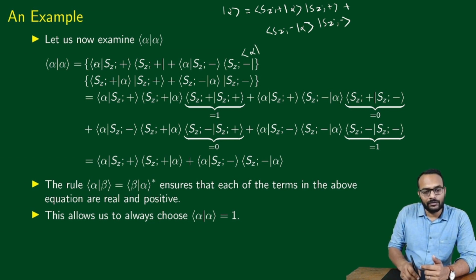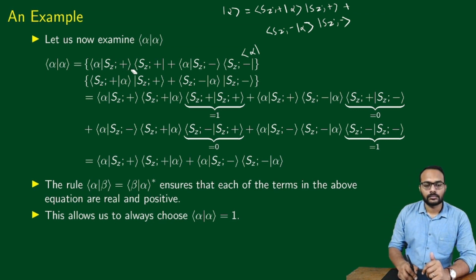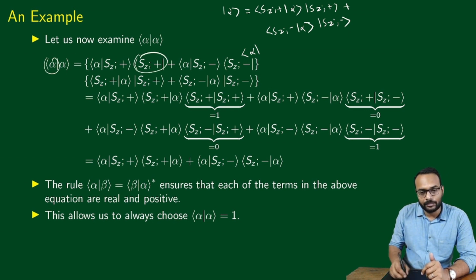So bra alpha was bra alpha sz plus, which was actually C3. This is bracket alpha sz plus. This means the component of bra alpha in the direction sz plus, or the other way about. It doesn't matter in which way you say this. So here I am expanding bra alpha in terms of the eigen bras sz plus and sz minus. These are the expansion coefficients which we previously denoted as C3 and C4.